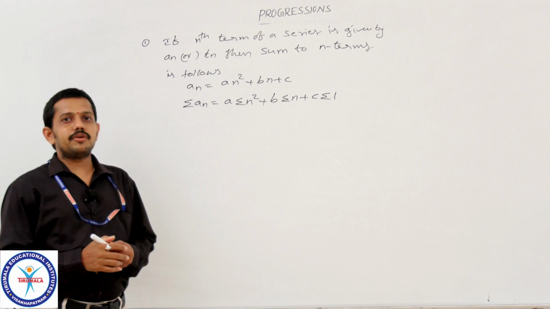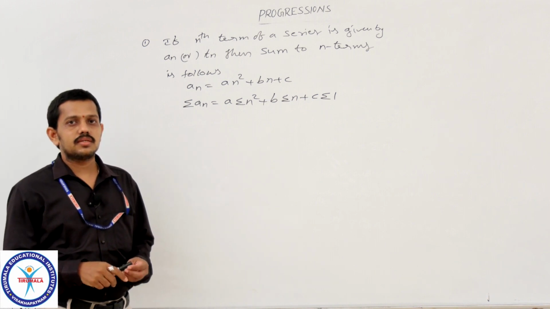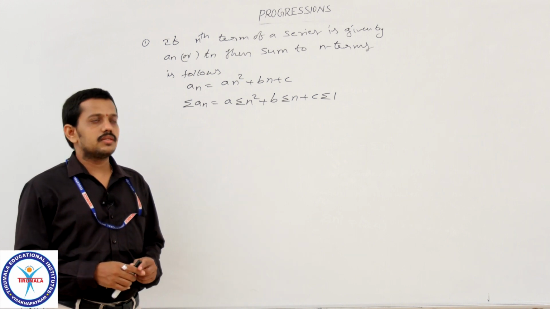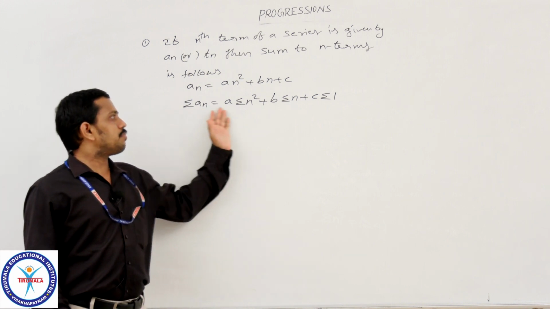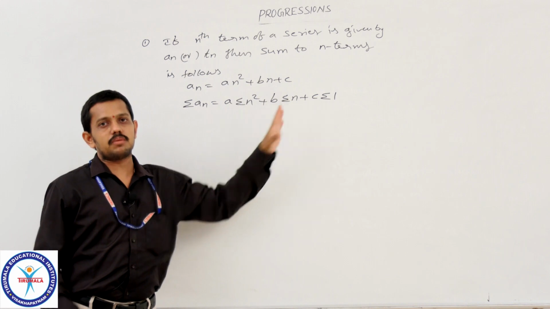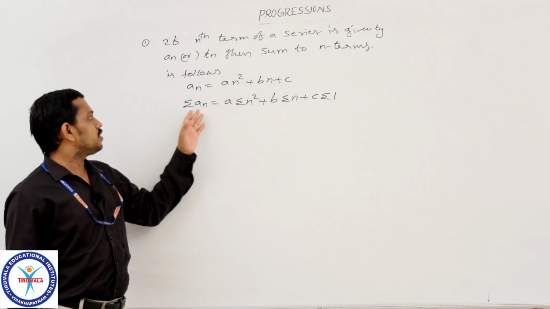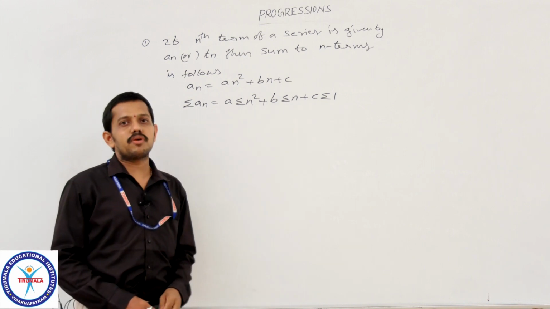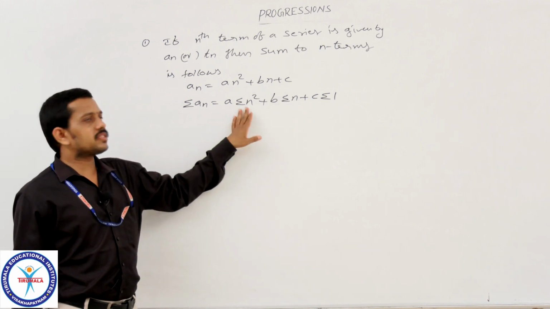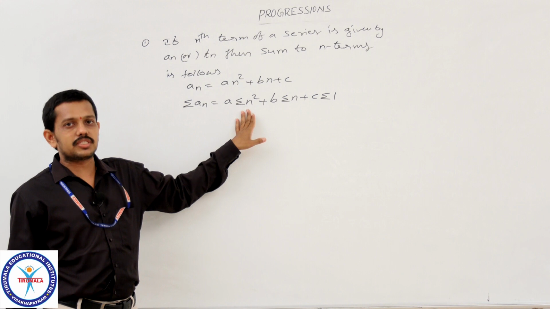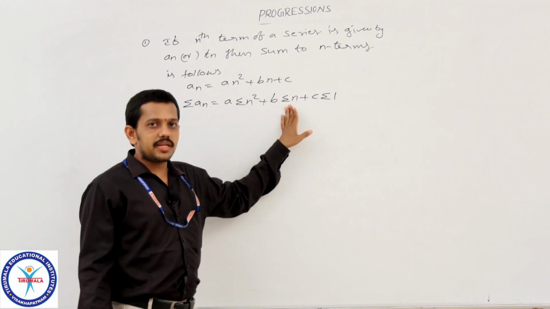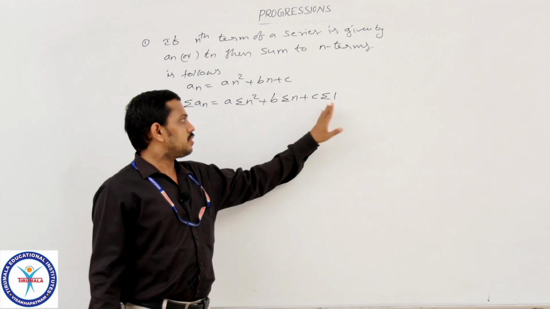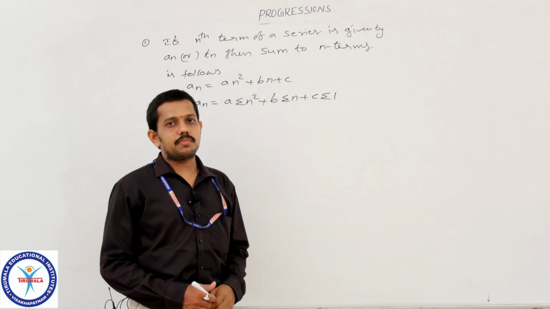Means if we know the nth term of the series, then to find the sum of n terms we can apply the sigma operator to each term. Then we get A into sigma n square, B into sigma n, C into sigma 1. Here sigma n square is the sum of squares of the first n natural numbers, sigma n is the sum of the first n natural numbers, and sigma 1 is 1 added n times.